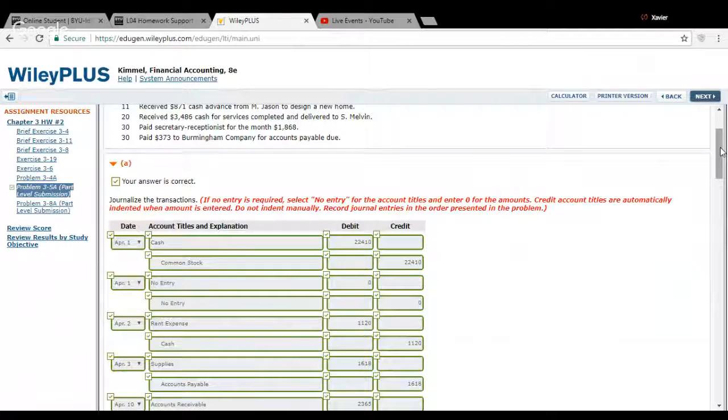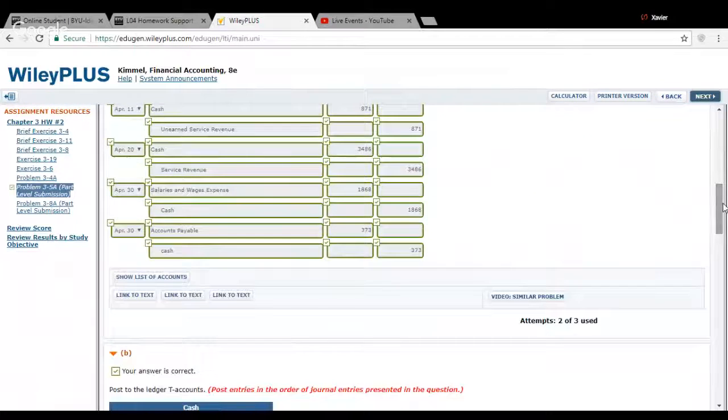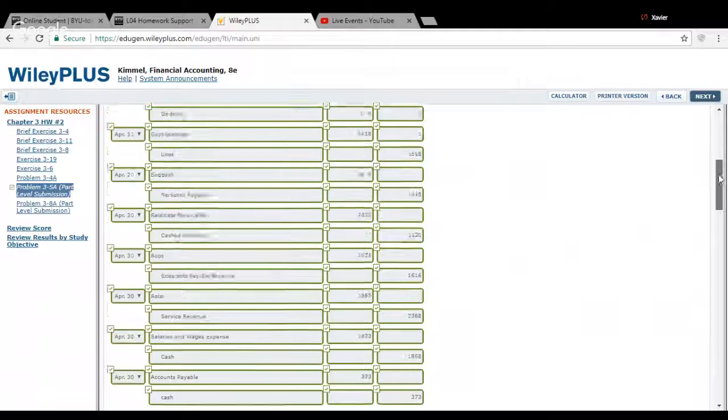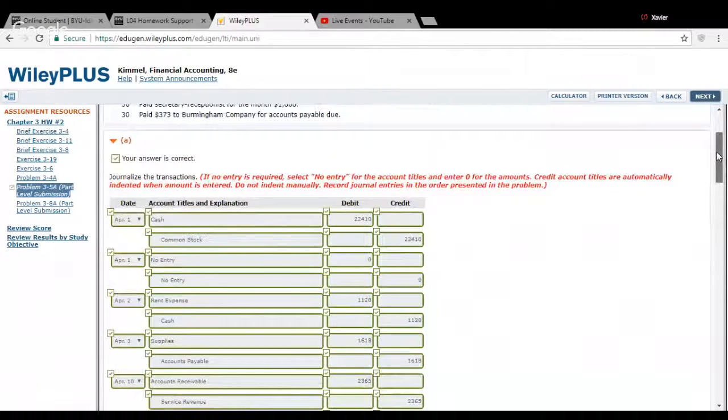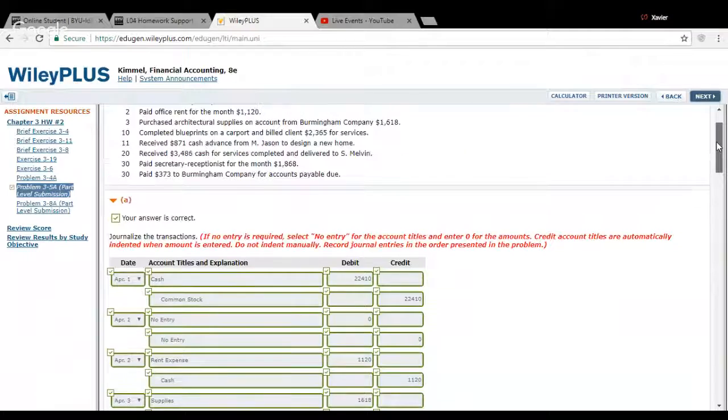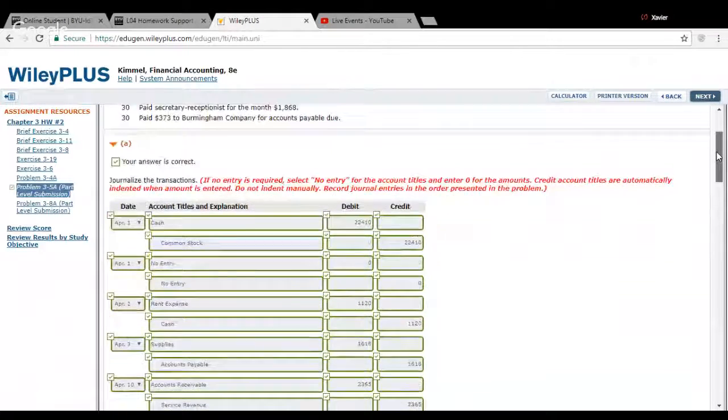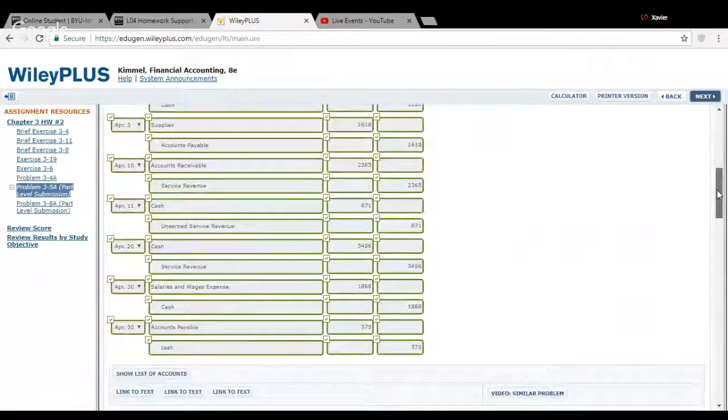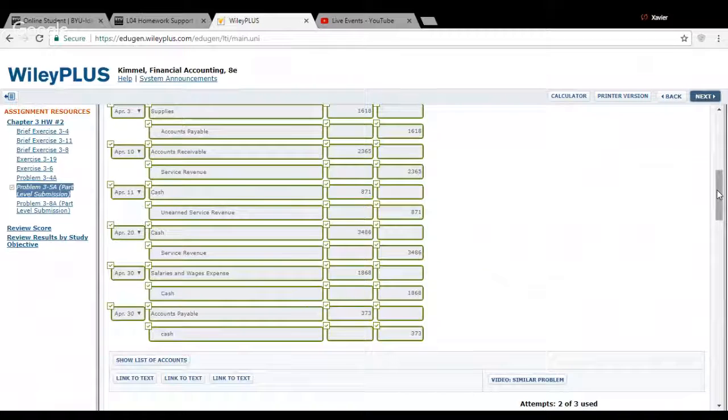So we're going to debit salaries and wages expense, and then we're going to credit cash because that's where it's going to come from. Last one, the accounts payable, we paid $373 to Birmingham for accounts payable due. So we're paying them for the supplies that we bought on account. So we're going to debit accounts payable for $373, and it's going to come out of cash.